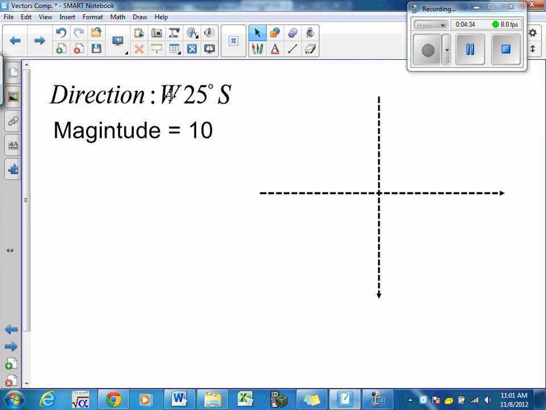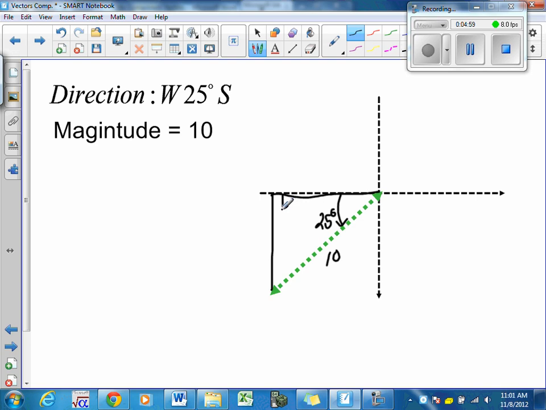We have this vector, west 25 degrees south. So I'll draw this west 25 degrees south, magnitude 10. Now what we're going to do then is turn this into a right triangle, and I want to find the x and y of my triangle.